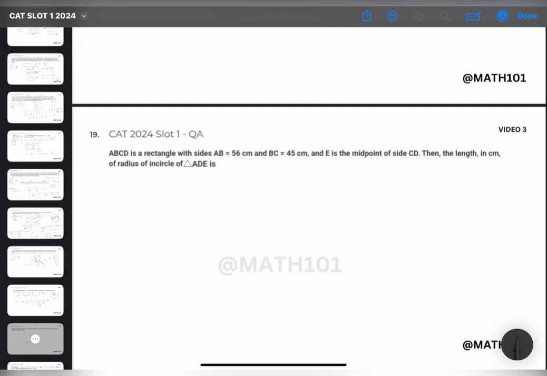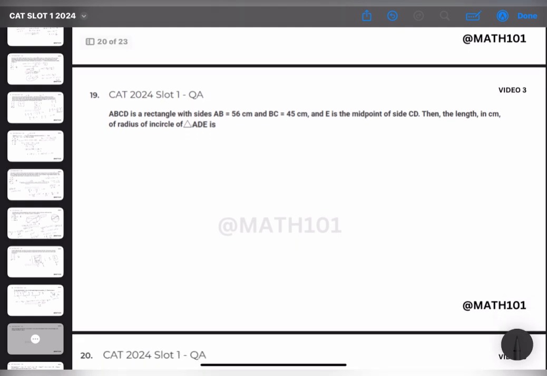Moving on. ABCD is a rectangle with sides AB, BC. This is 56. E is the midpoint of side CD. Then the length in centimeters of the radius of the incircle of triangle ADE is.